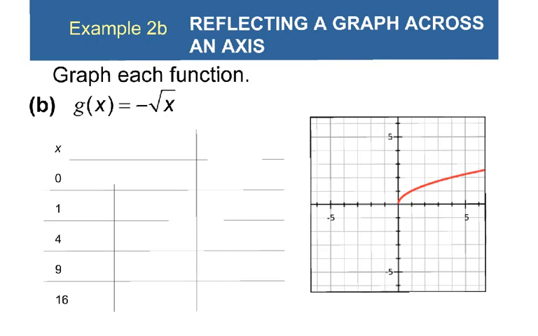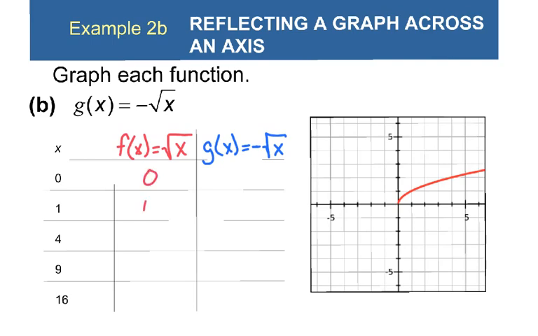Let's take a look at the basic function of our x squared function. So I'm comparing it to, not x squared, but our square root of x. Sorry for the confusion. And then the g of x function we're given to graph is the negative square root of x. So when we plug in our x values 0, 1, 4, 9, 16, this is the graph that we're going to get for that, but let's get our function values.